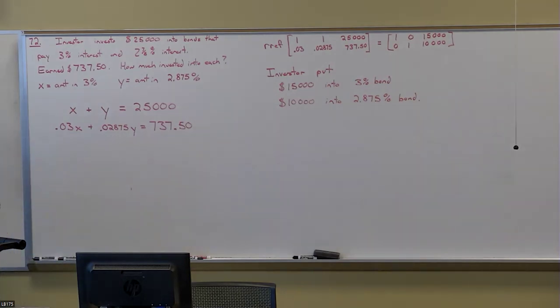That's what it's telling you. Then I don't have to put x equals 15,000, y equals 10,000. Kind of skip that step.